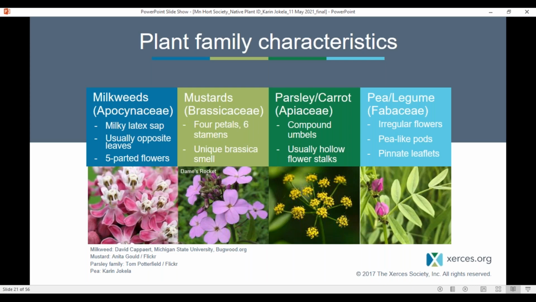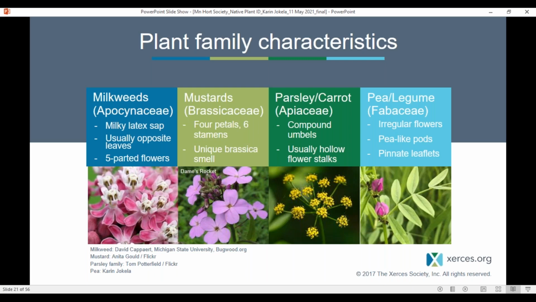It's an invasive species, and a lot of people mistake it for phlox, prairie phlox. And phlox actually has 5 petals, whereas Dame's Rocket will only have 4 petals. So that's just an example of when you start to see some of these minor details, you'll recognize what plant family it is and it will help you learn to identify it.